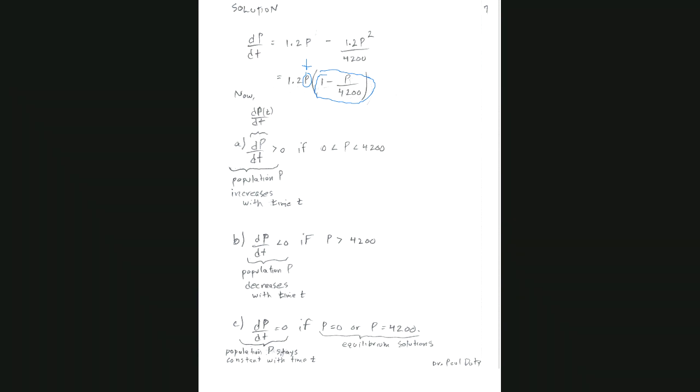Greater than 1. So that's right, Robin and Husi. So if P over 4,200 were greater than 1, then P would have to be greater than what value? That's right, John, 4,200.